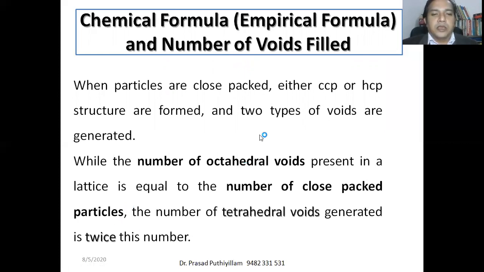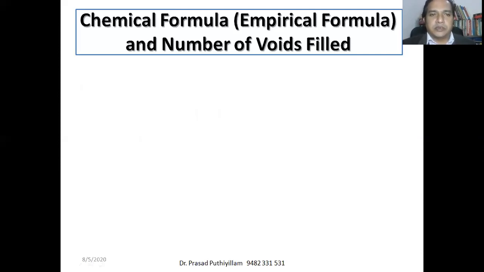The number of octahedral voids is equal to the number of atoms forming the crystal, and the number of tetrahedral voids is equal to twice the number of atoms involved in the formation of that crystal lattice. Atoms filling the voids are not considered; the atoms that give the structure of the crystal lattice are counted as the number n.